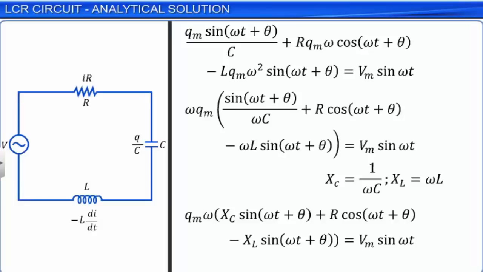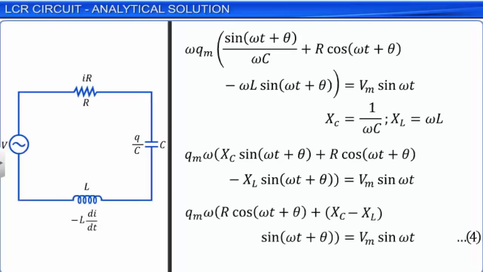Or omega Qm into [R cos(omega t plus theta) plus (Xc minus XL) sin(omega t plus theta)] equal to Vm sin omega t. Let this be equation 4.